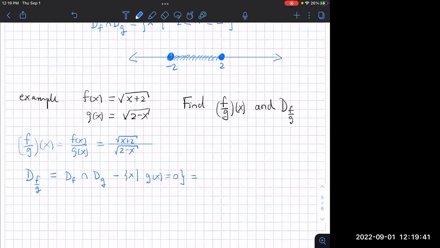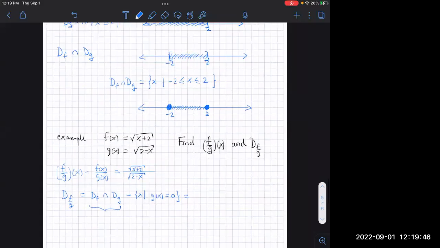The intersection we just calculated is the interval from -2 to 2, including -2 and 2. So then we have the set of all x's so that -2 less than or equal to x less than or equal to 2, minus all the x's that make g 0.